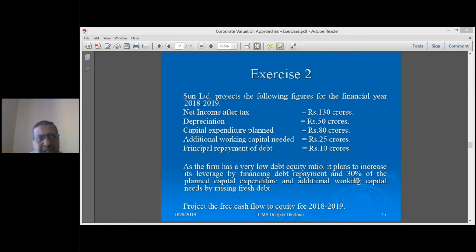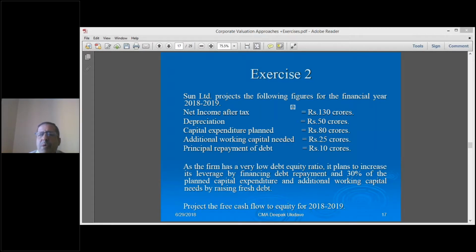So raising of fresh debt will add to your cash inflow, and repayment of existing debt will be a cash outflow. So this cash inflow from fresh debt will be used for repayment of existing debt and meeting 30% of the planned capex and additional WC.